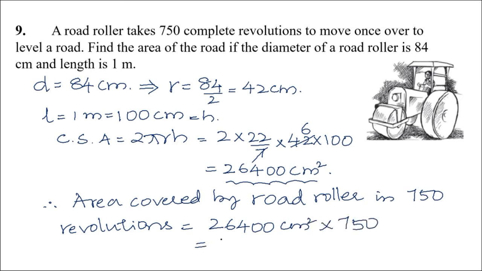On multiplication, it becomes 198,000 centimeters square. Now we shall convert this in terms of meter square. We know that 1 meter square is equal to 10,000 centimeters square. Therefore, it becomes 1980 square meters. This will be the area covered by the road roller.